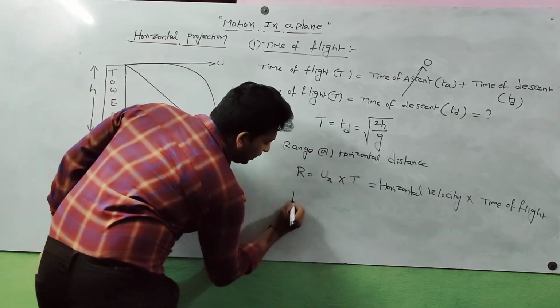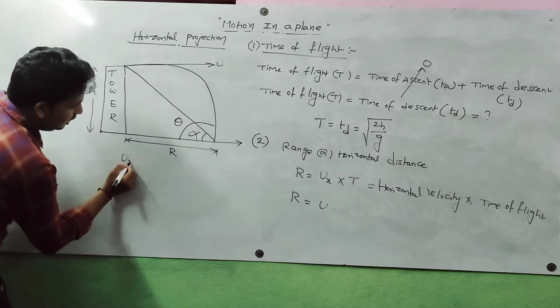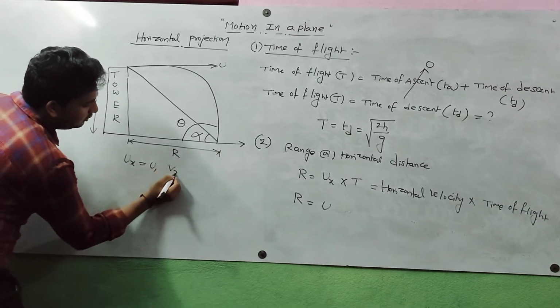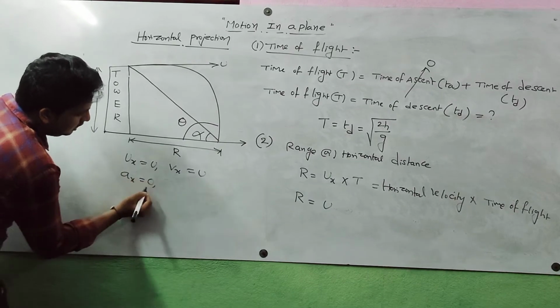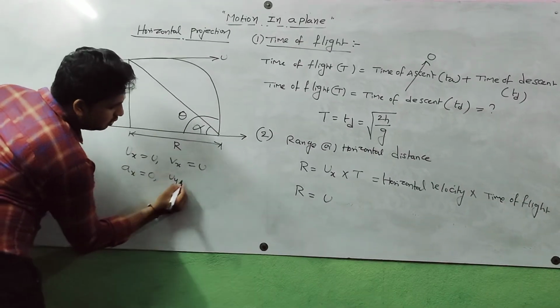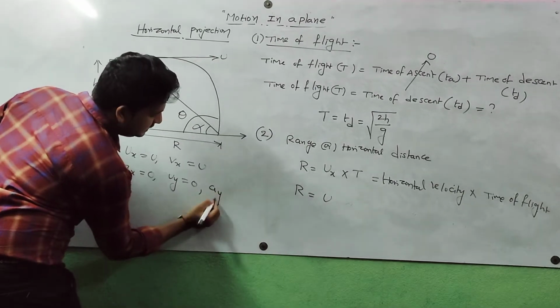Then horizontal velocity is what, u. Here horizontal velocity ux is equal to u, vx is equal to u, ax is equal to 0, uy is equal to 0, and ay is equal to g.